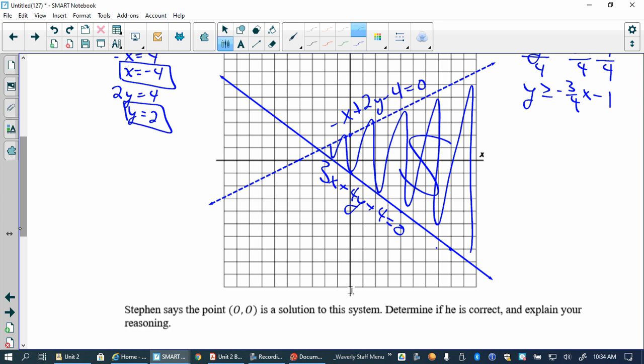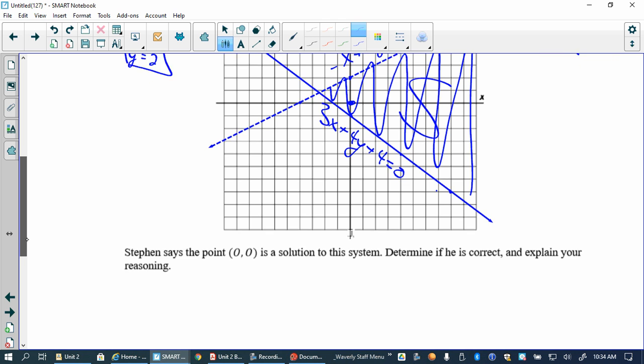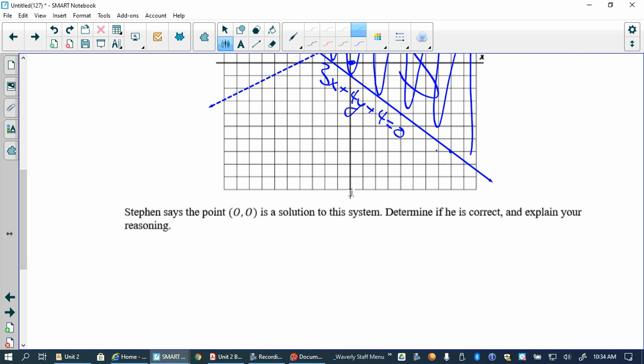Correct. Right, because it lies in the overlap of the shaded area, or it lies in the solution set.